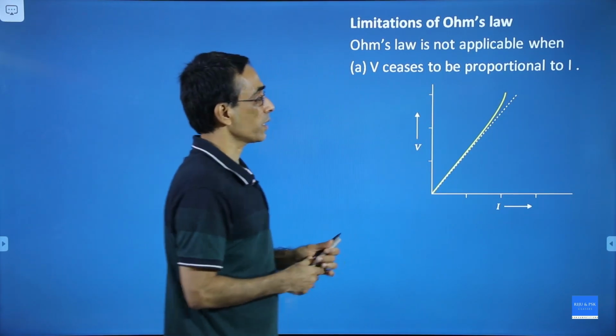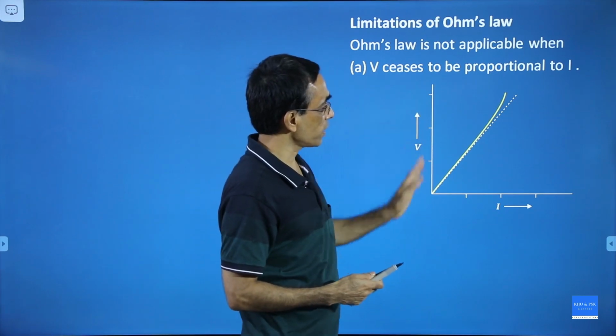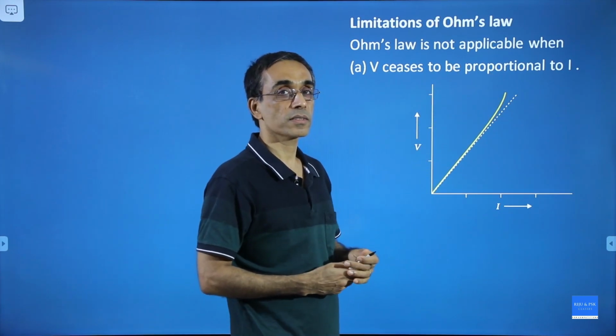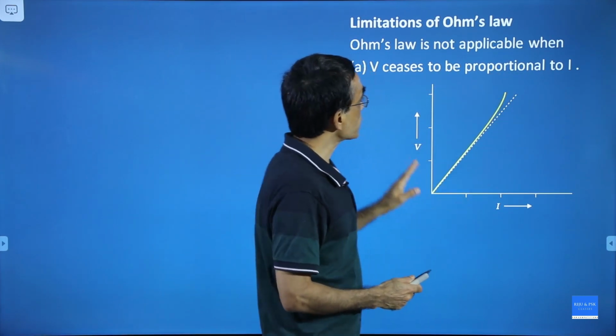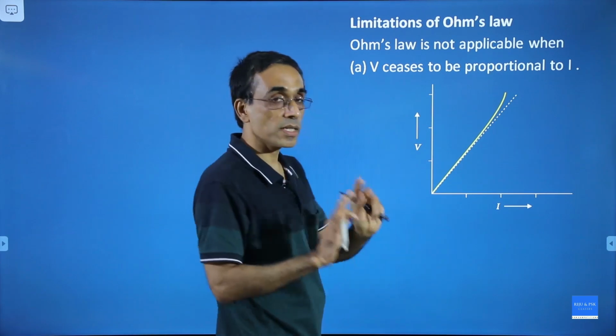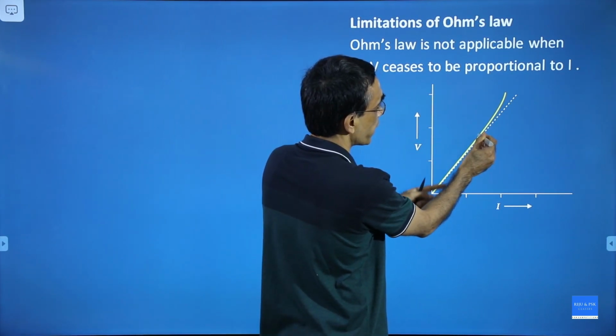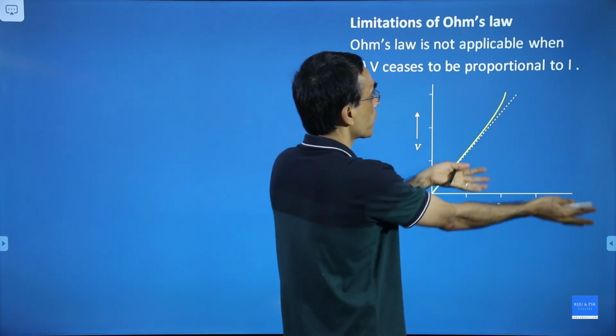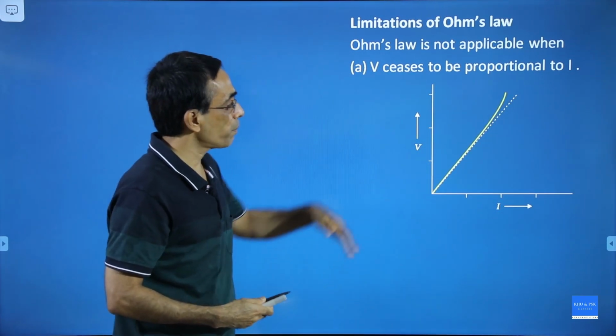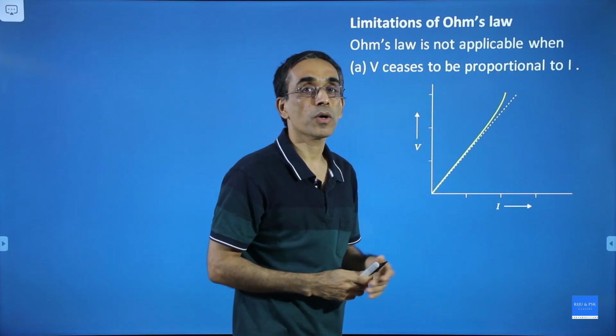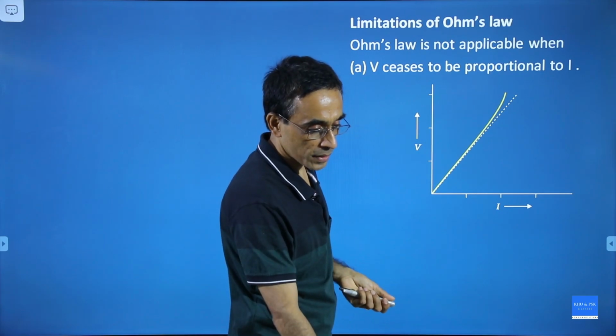In certain materials, when the voltage increases, the proportionality changes. You will not get a straight line. Ceases means stops. Here you can see up to this point it is almost a straight line. Beyond that it stopped being proportional. Beyond this you can't apply Ohm's law. That is one case.